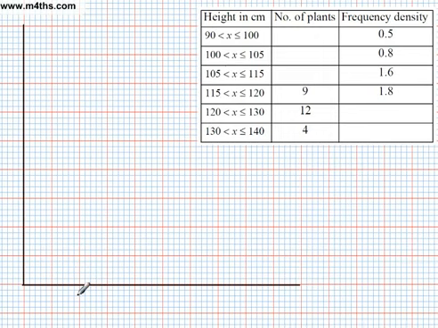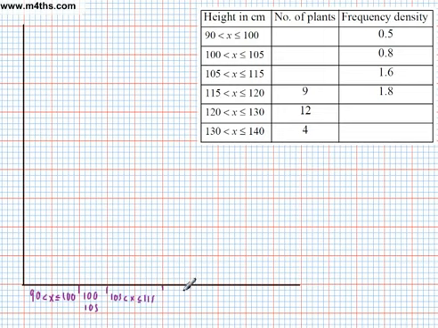So this point right now is going to be the 90, so greater than 90 but less or equal to 100. And then this one is going to be the 100 to 105, and I'll leave out the notation, but we would employ exactly the same notation. And then the next one is going to be 105 to 115, so this one is now 10. So greater than 105, less or equal to 115.